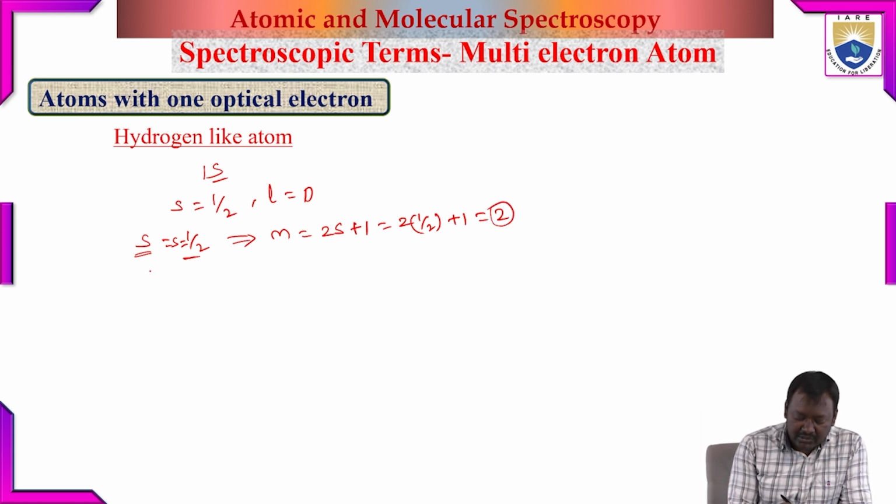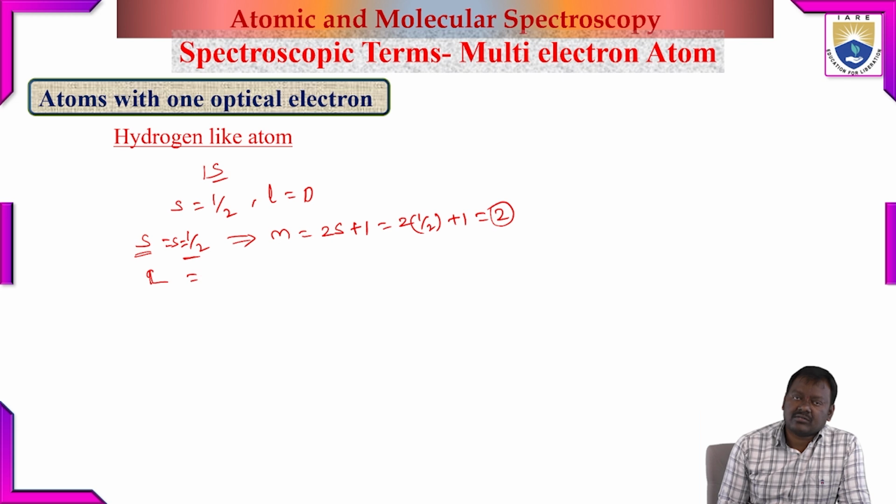And now the total orbital angular momentum quantum number L: there is only a single electron, so that value is 0.